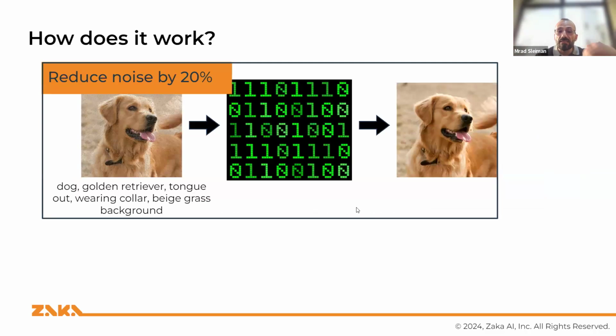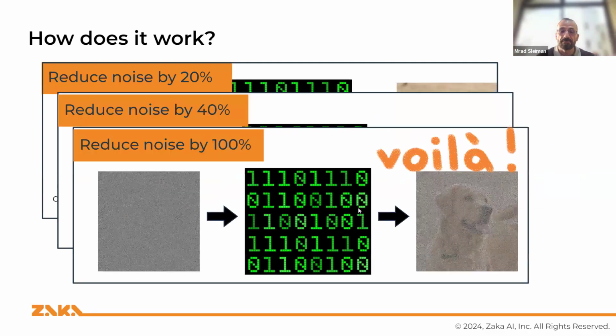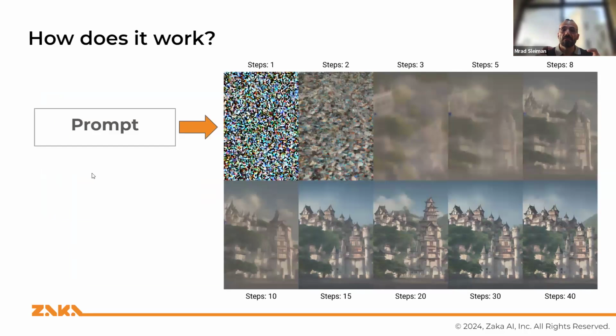By doing that, the model learns how to generate images out of noise. So here we only need to give it a prompt, and the model will generate the corresponding images out of noise, because, as I mentioned, it learned how to denoise images. So this is Stable Diffusion.